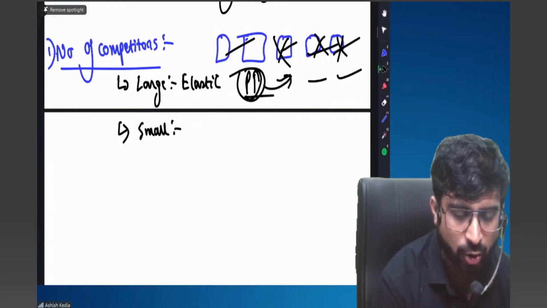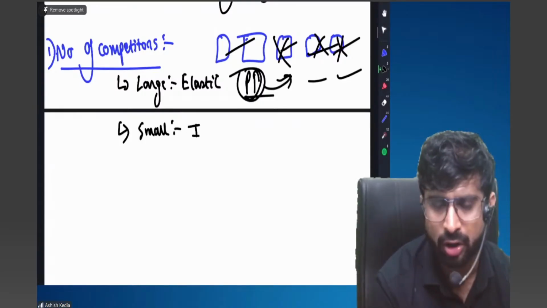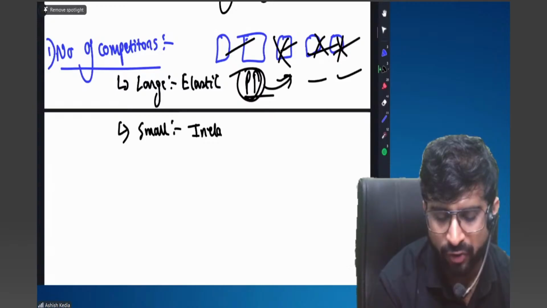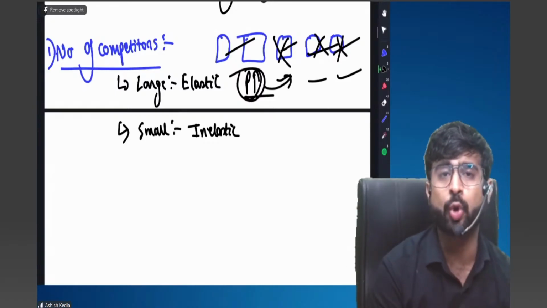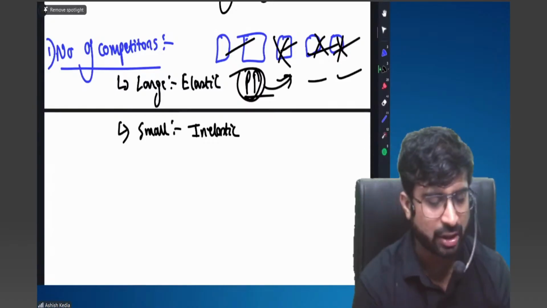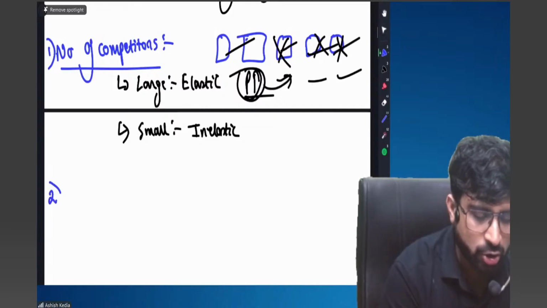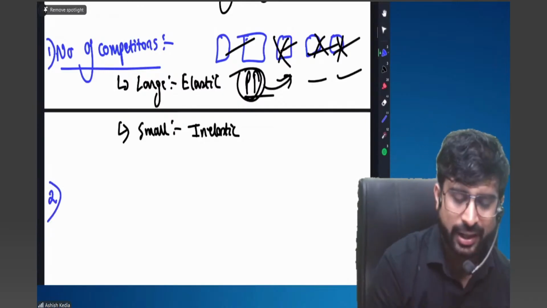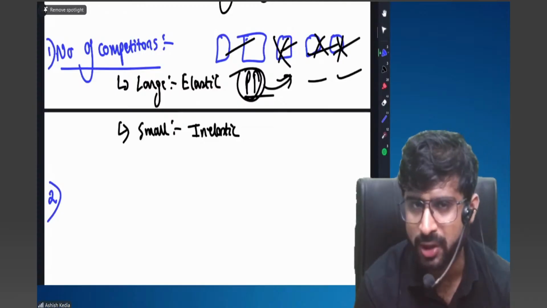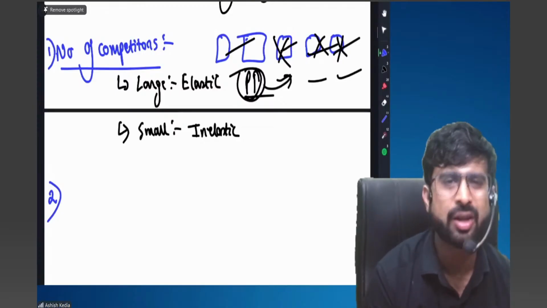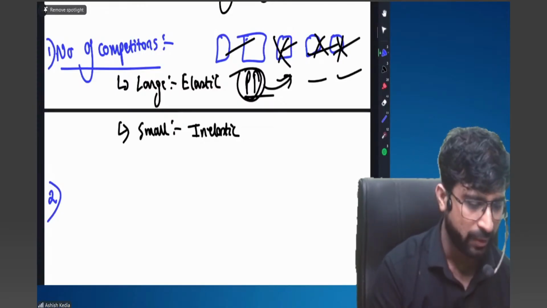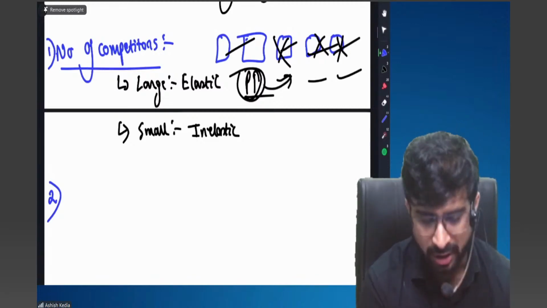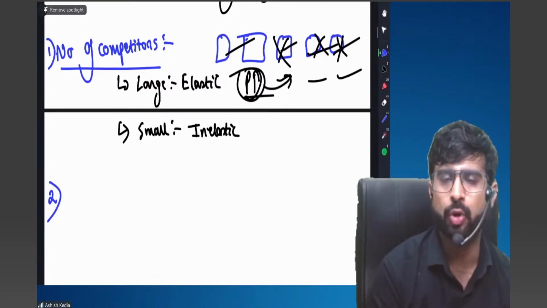So when the number of competitors is small, it is a scenario of inelastic demand. If consumers have many options to shift demand, it is elastic demand; if not, it is low elasticity, as we call it.